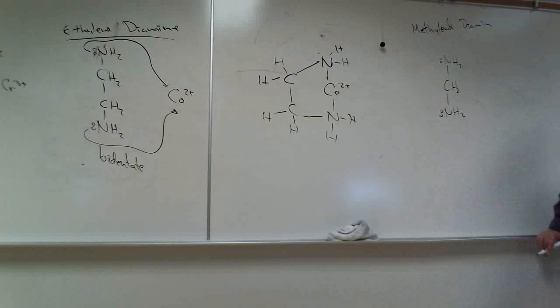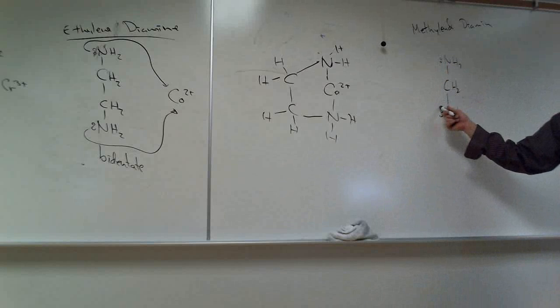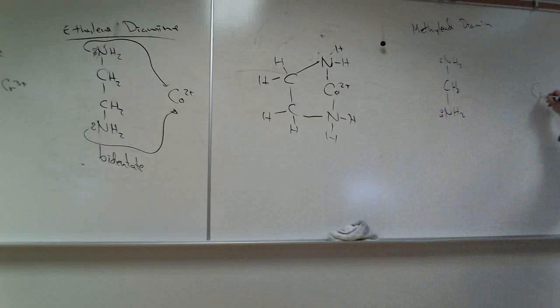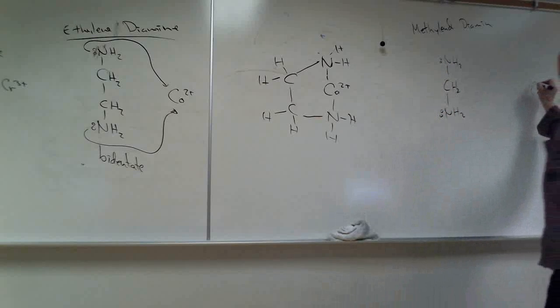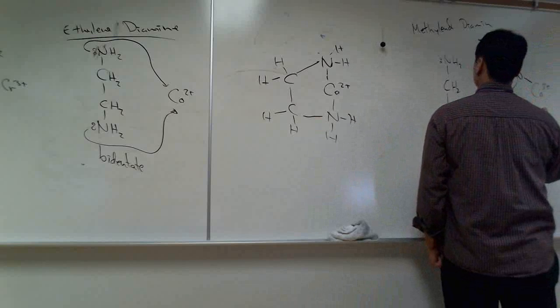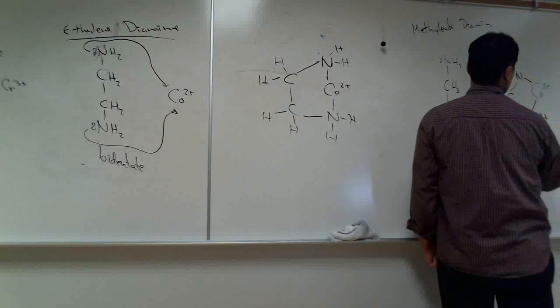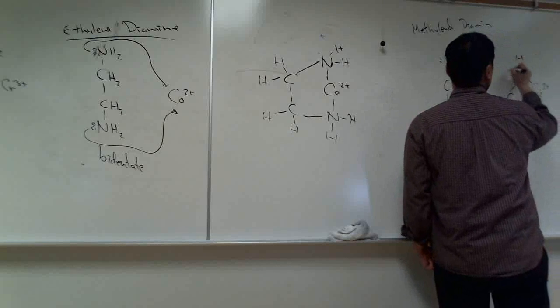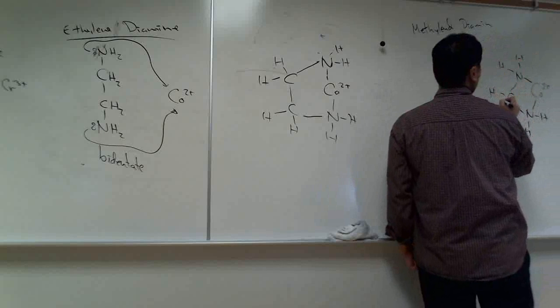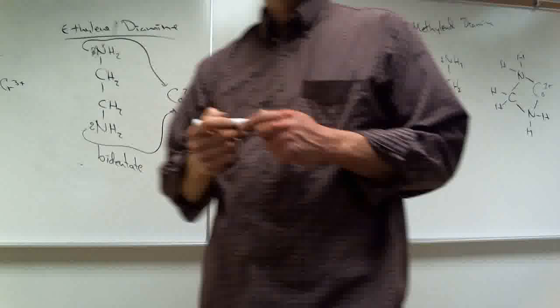I'd say bidentate, right? It's got two atoms that are base atoms, so it should bite into it. Let's try it. And it looks good. Does that look good? Yeah? Or no?